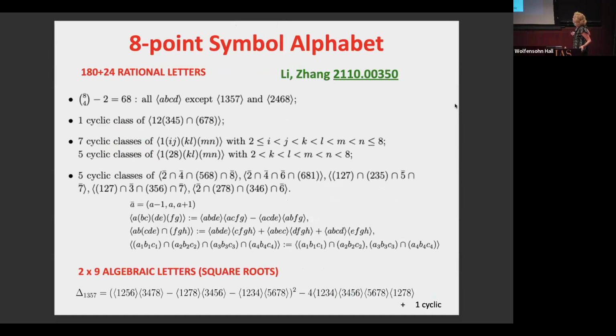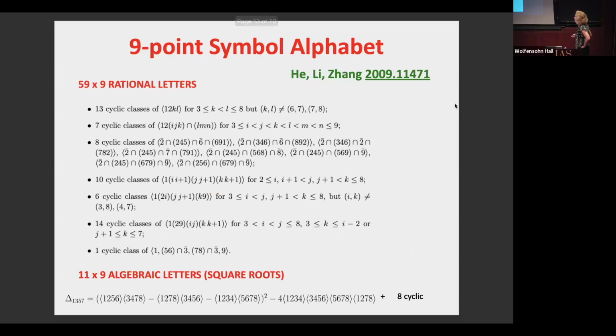This is straight from the paper by Song's students. At 8 points, you get so-called rational letters. So you start getting things that could be cubic or quadratic in these Plückers. And more importantly, you start getting square roots of Plücker coordinates, like I've drawn here. And it's also known for 9 points. So just think about this as a list.